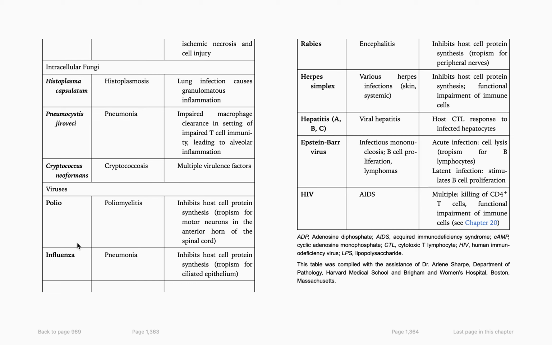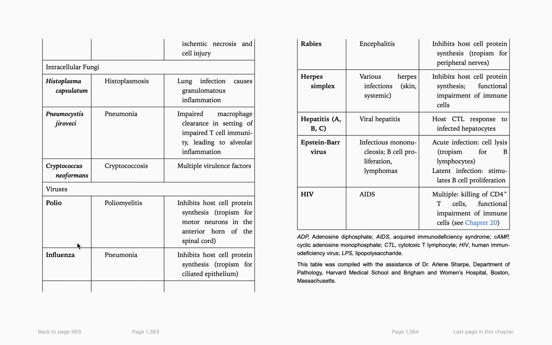We have viruses, for example, polio, which causes poliomyelitis. It inhibits host cell protein synthesis, with tropism for motor neurons in the anterior horns of the spinal cord. Influenza causes pneumonia; it inhibits host cell protein synthesis, with tropism for ciliated epithelia.